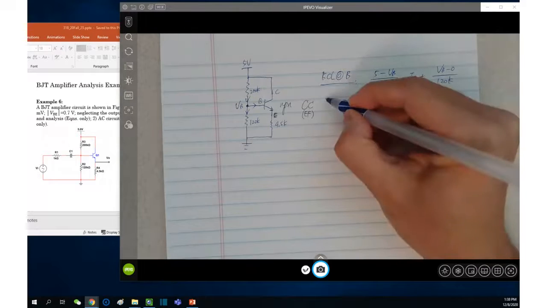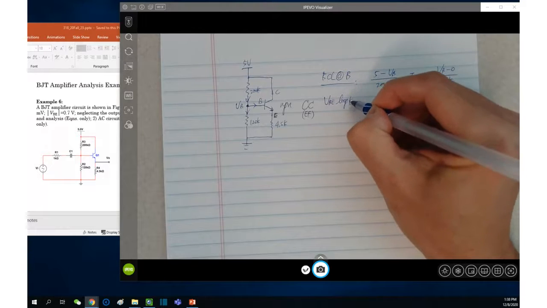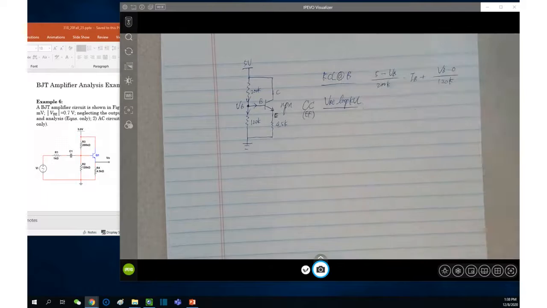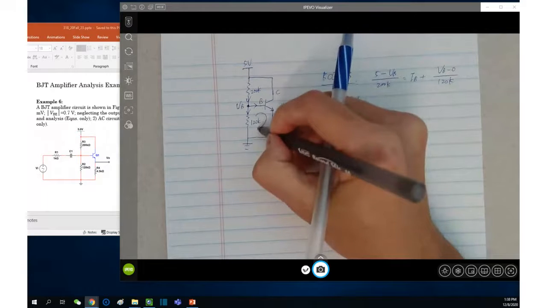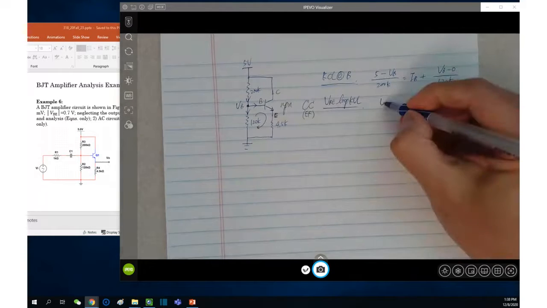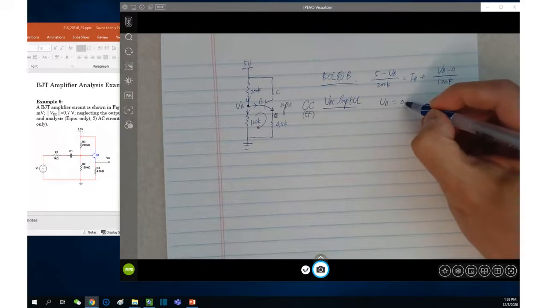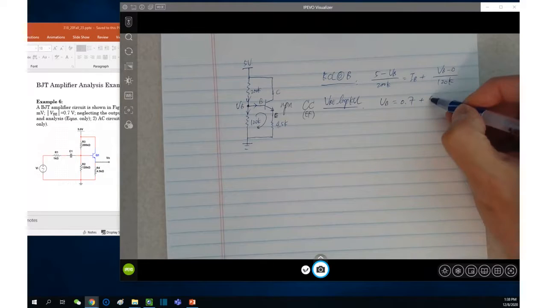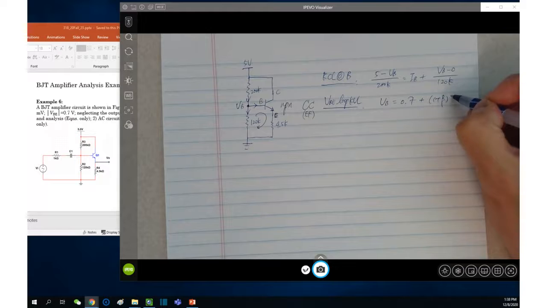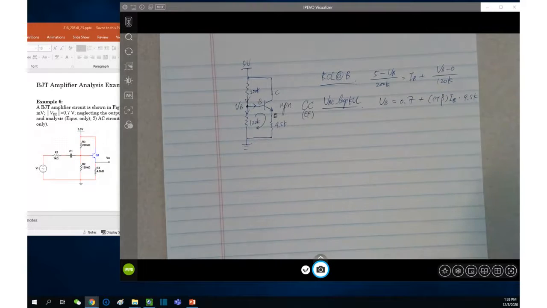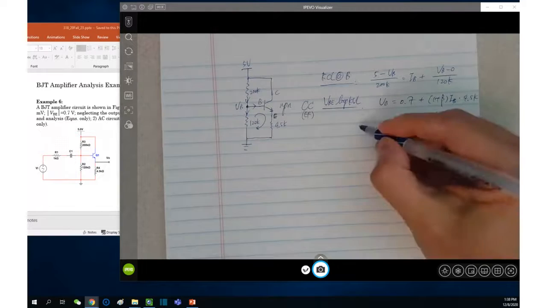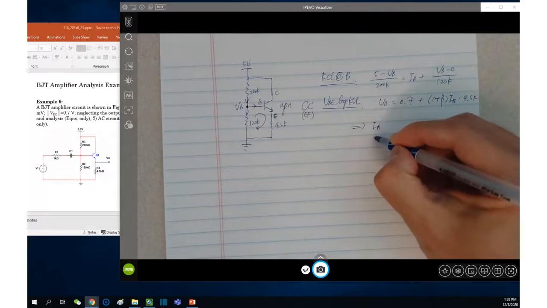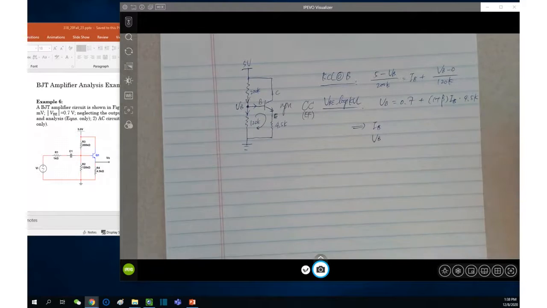And then in the VBE loop KVL, which is down here, we have VB just equals 0.7 plus 1 plus beta IB times 4.5K, right? From which we can find IB and VB, right?